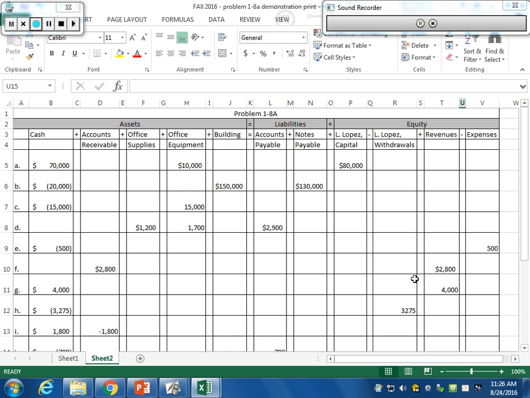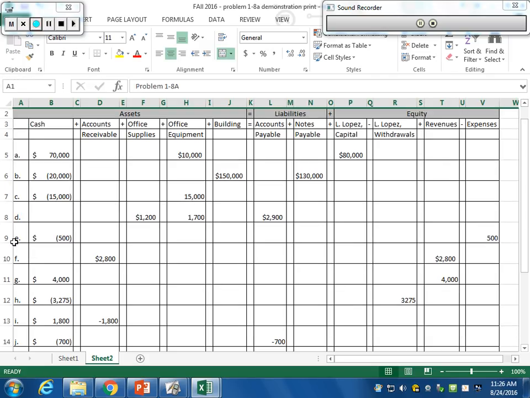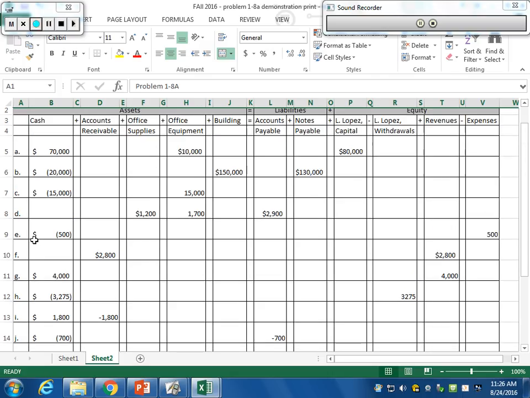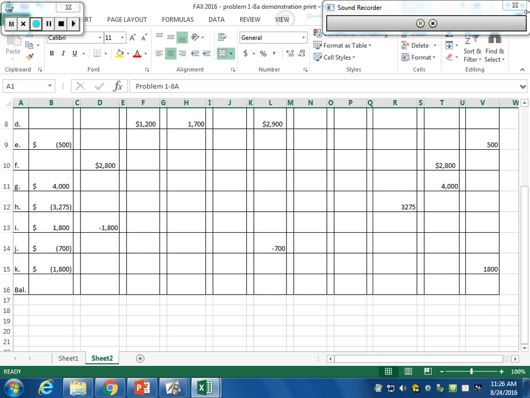So now what's the best thing to do? Now we've got to add everything up, right? So I'm going to just use auto sum.